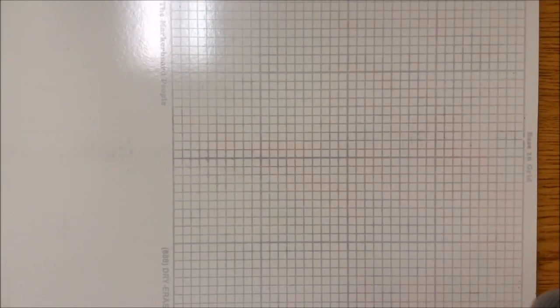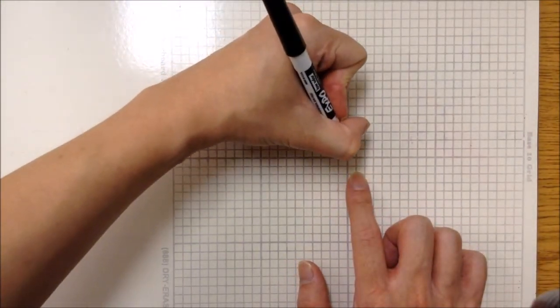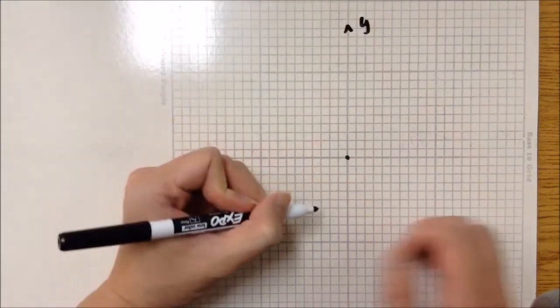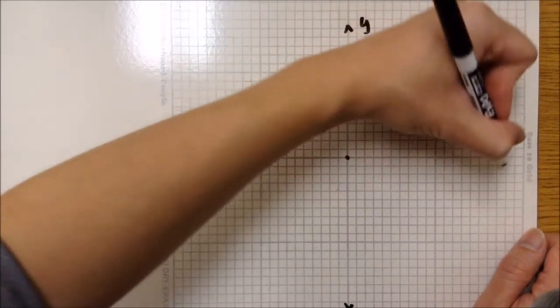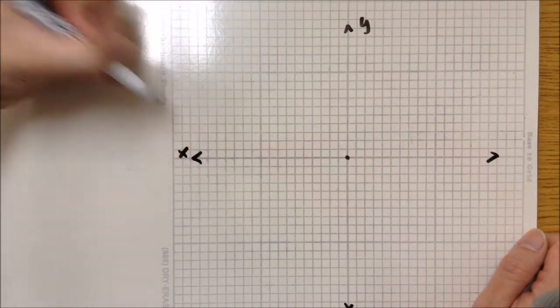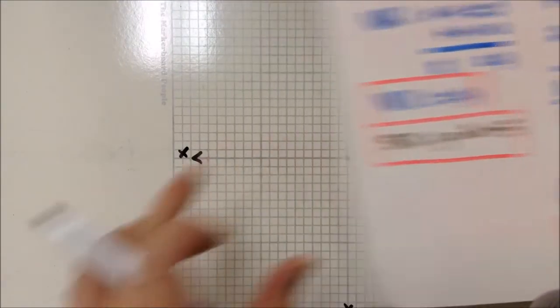So again, here's the origin, 0, 0. Mark it right here. This is the y-axis. And our x-axis. Now again, we have a vertical asymptote at 4.